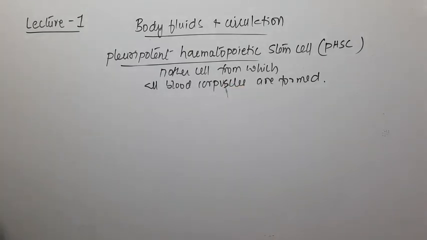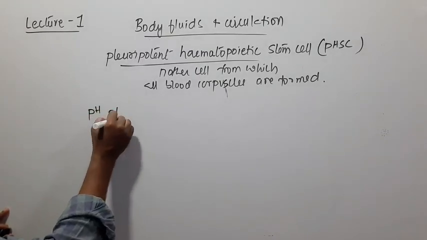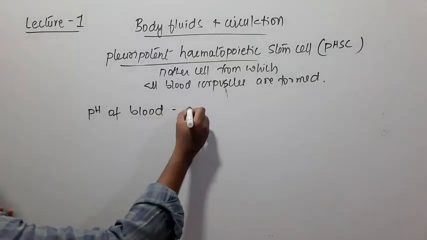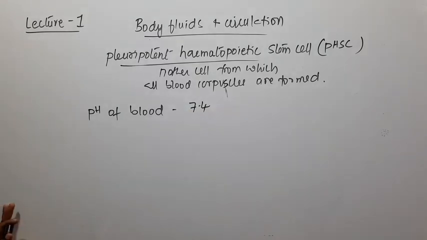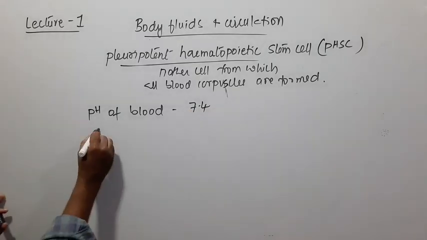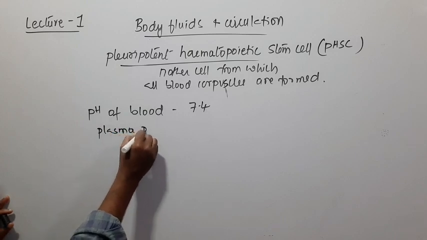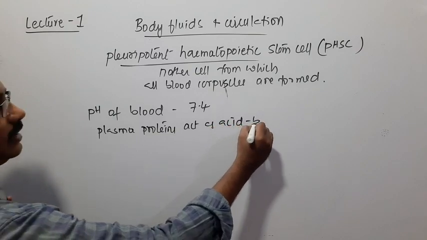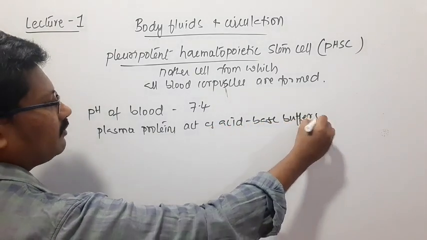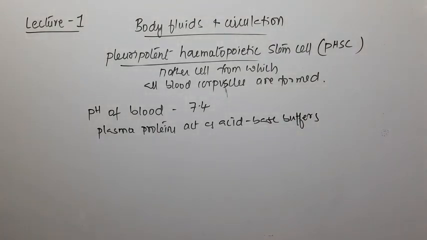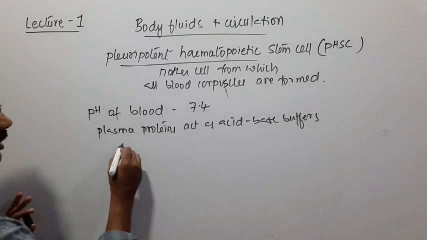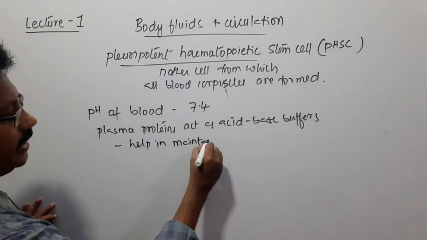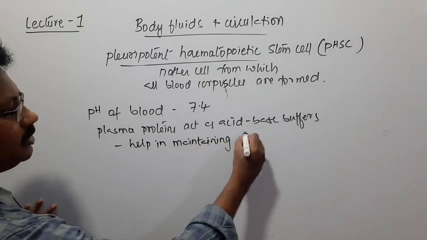The next one, the pH of blood. So the pH of the blood is about 7.4, and here the plasma proteins act as acid base buffers, and thus they help in maintaining the pH of the blood.